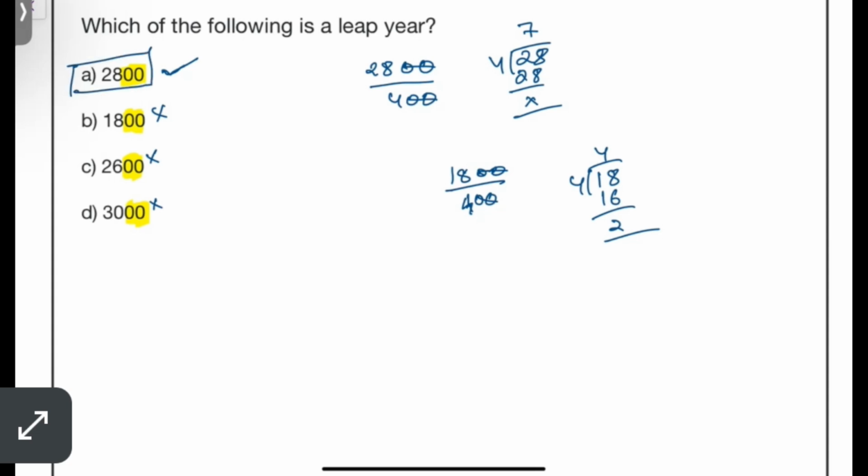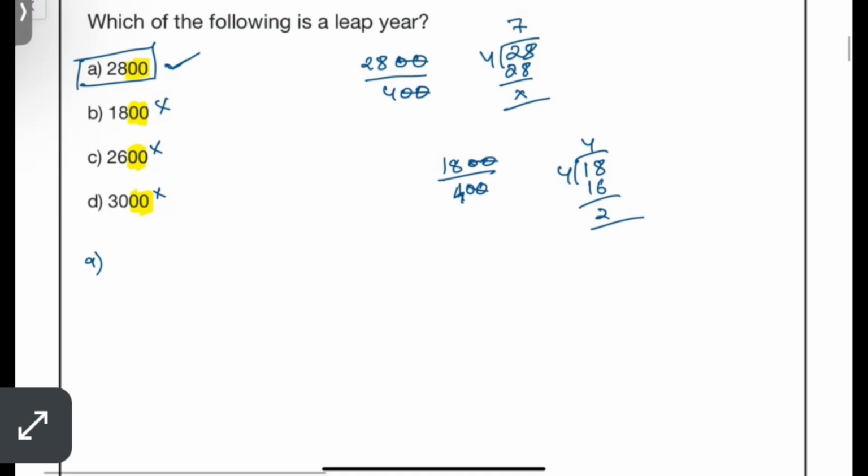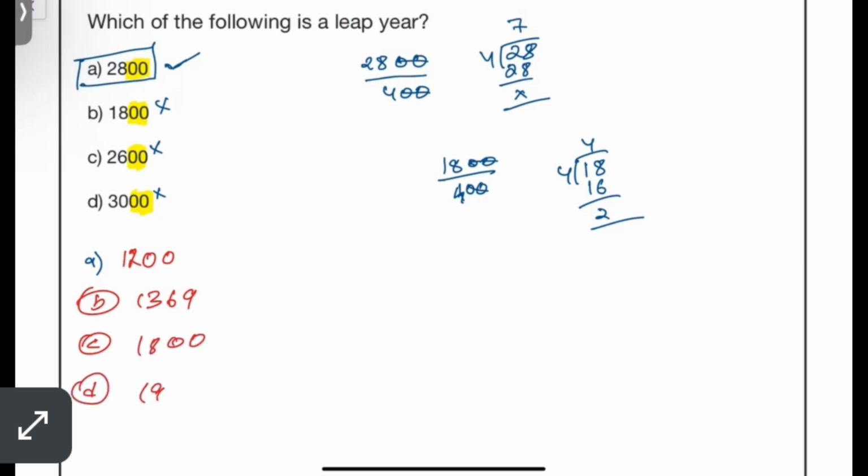So if asked which of the following is a leap year, you check each option, and your options may also be like this. Let's say option A was 1200, option B was 1369, option C was 1800, and D was 1991.